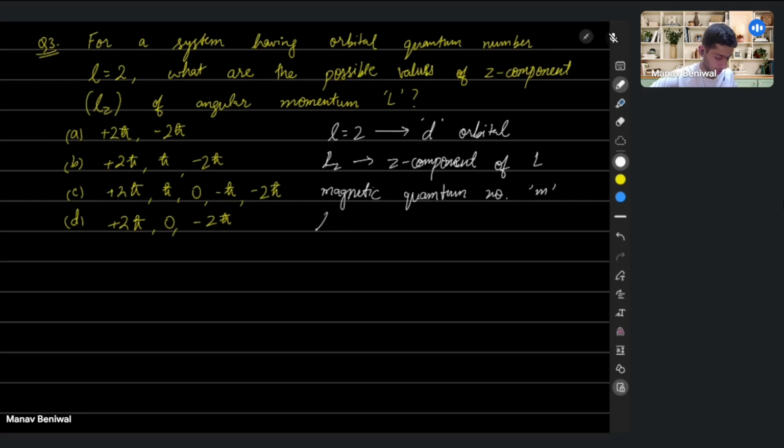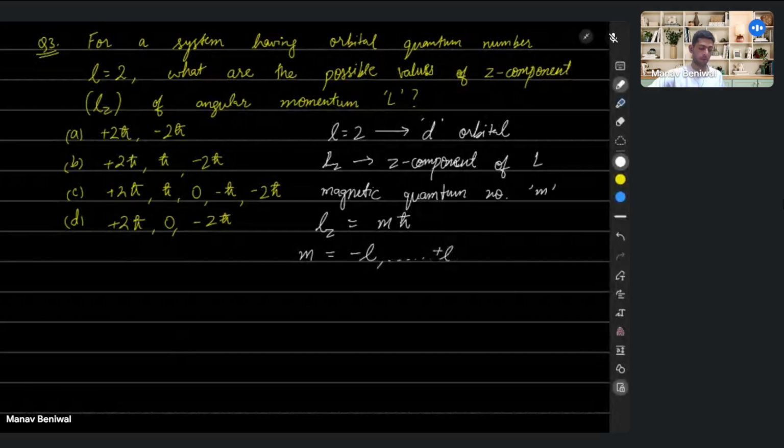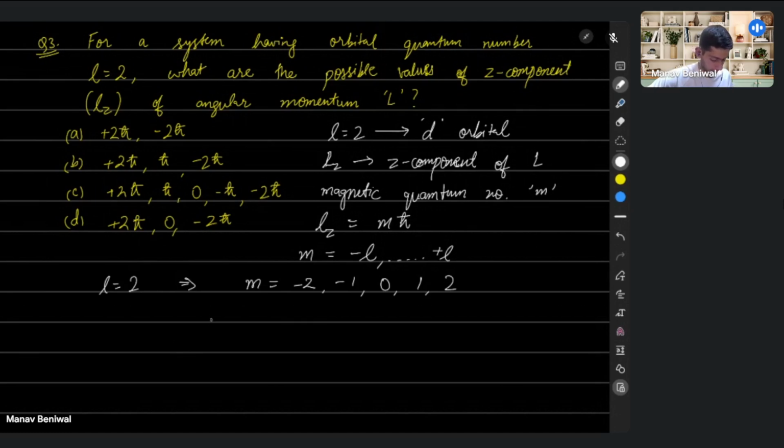Lz is m times h cut, and m goes from minus L all the way up to plus L. Here because L is 2, m can have the values minus 2, minus 1, 0, 1, 2. Therefore, Lz can have the following values: minus 2 h cut, minus h cut, 0, h cut, and 2 h cut.